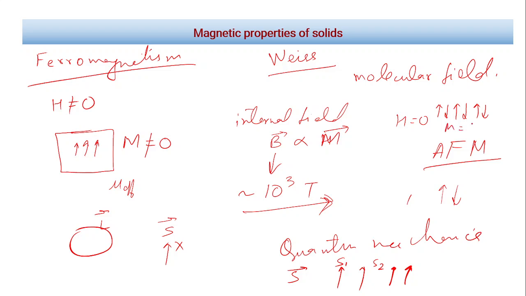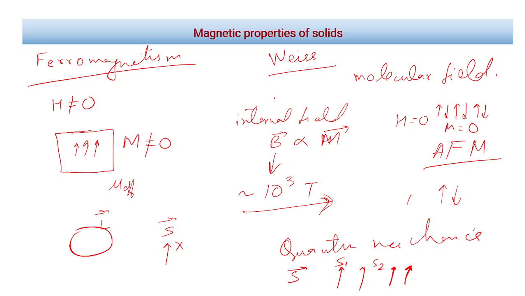The magnetization is zero, because for these materials, when the spins are anti-parallel, they are more stable. I think this will be discussed in detail next week, along with the concept of domains and domain walls. So anyway, this is how it works.